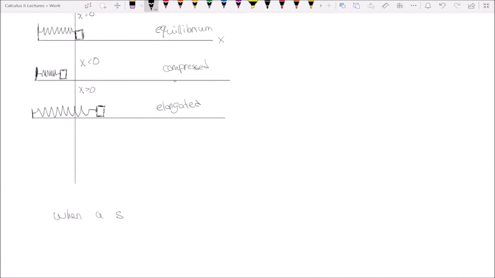When a spring is at equilibrium, we say that the spring is at its natural length.